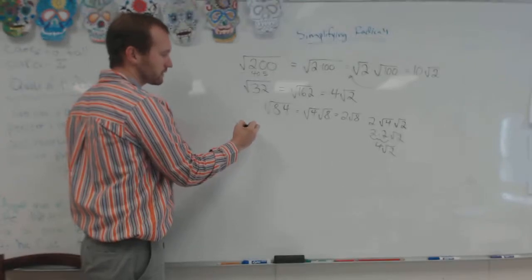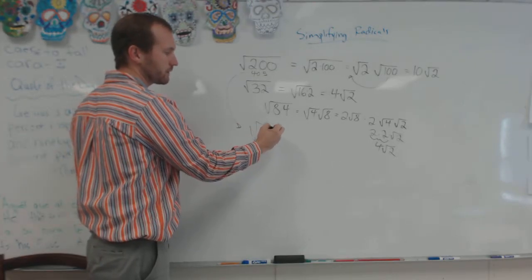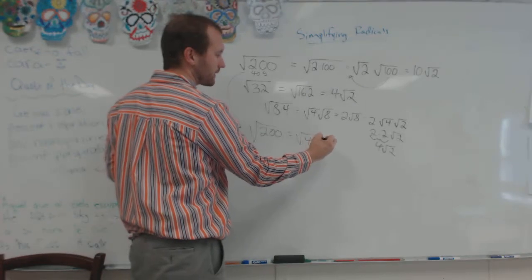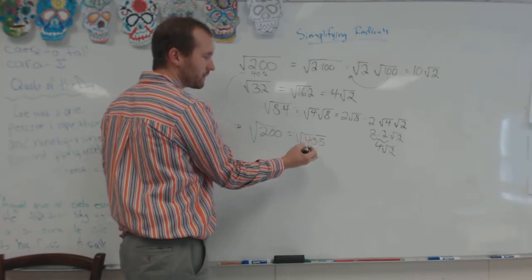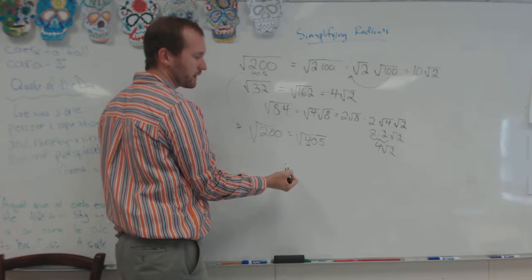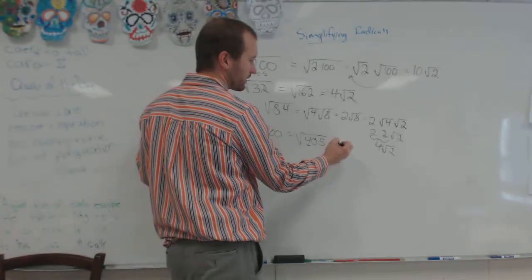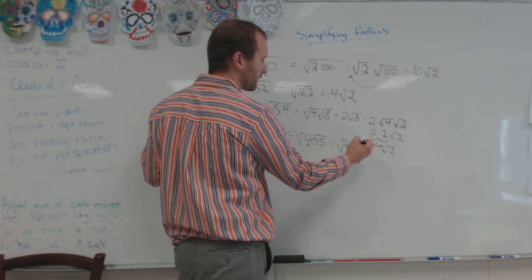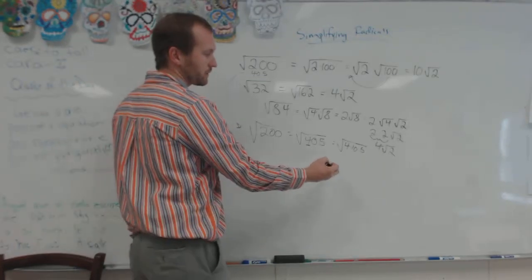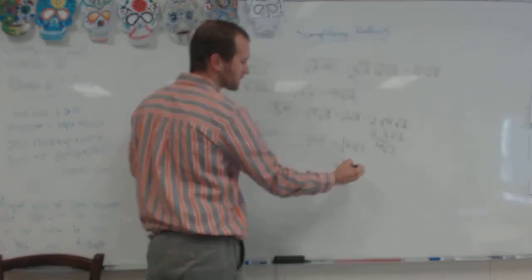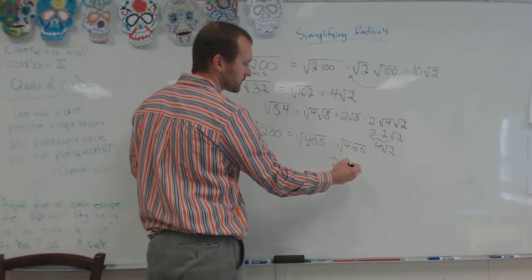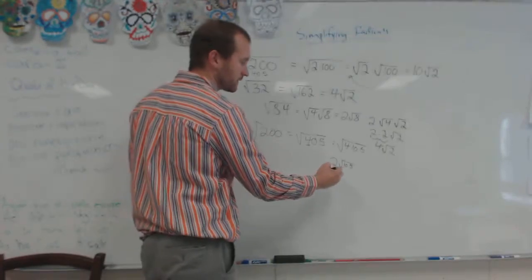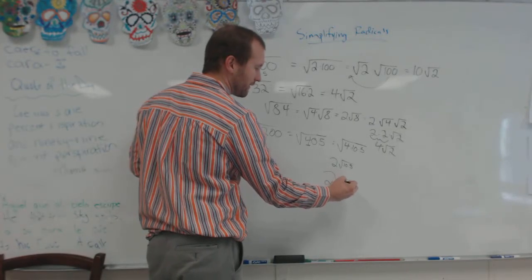If I thought of the square root of 200 as equaling the square root of 40 times 5, then I might see, oh, I have a 4 in here. So that's going to be the square root of 4 times 10 times 5, which is 2 square roots of 10 times 5, which is 2 square roots of 50.